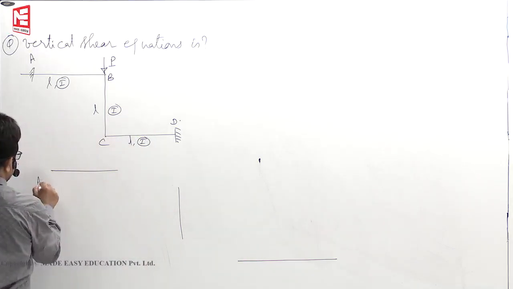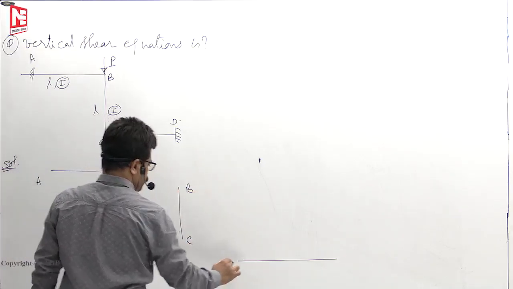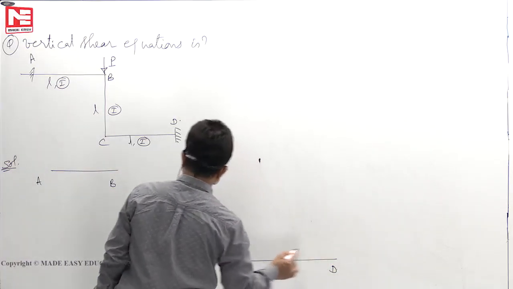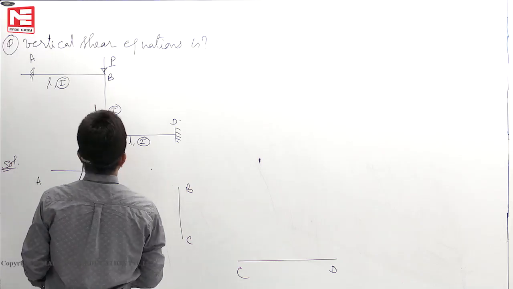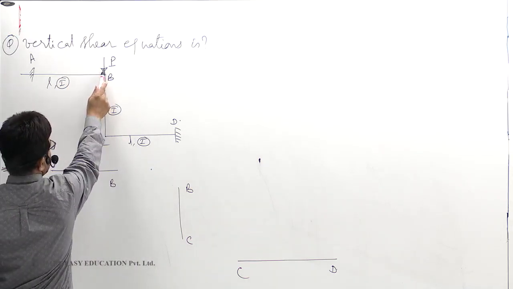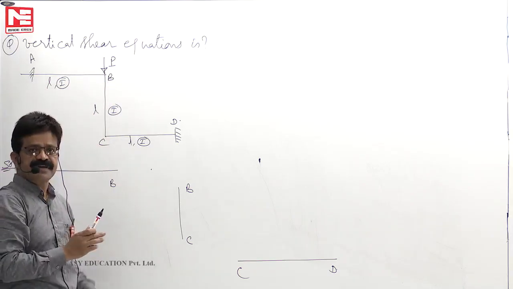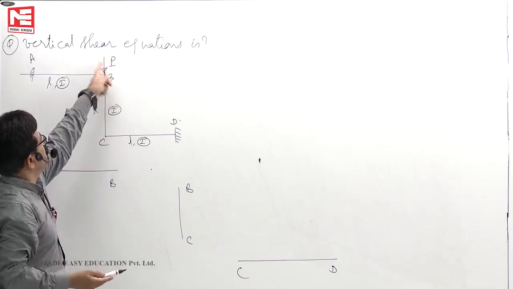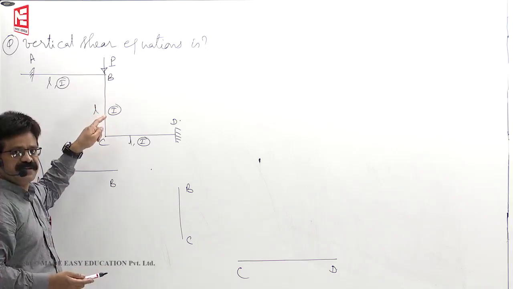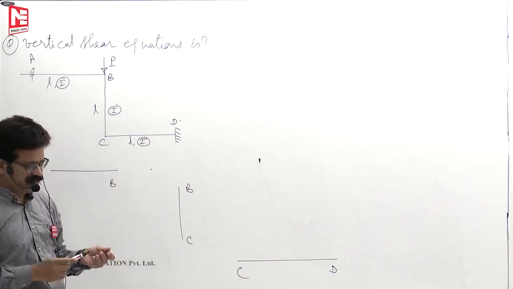This is A, B, B, C, C, D. This load P should not be kept on any free body diagram. This P is entirely not taken by AB or entirely is not taken by BC. It will share. P will be shared by these two members. Now, how they will share? Free body diagrams will decide how they share.